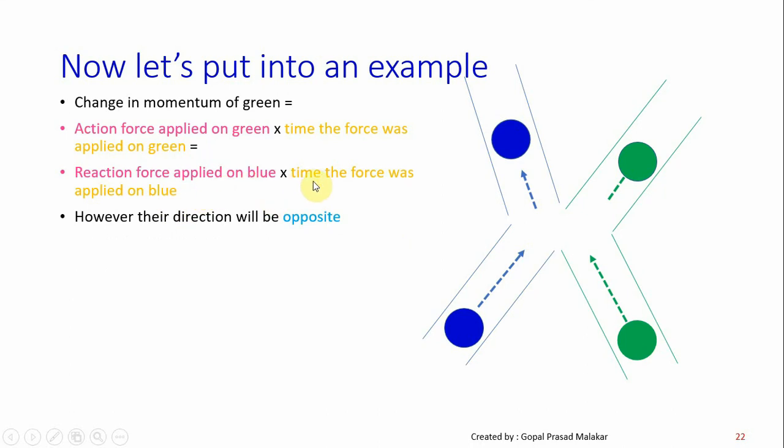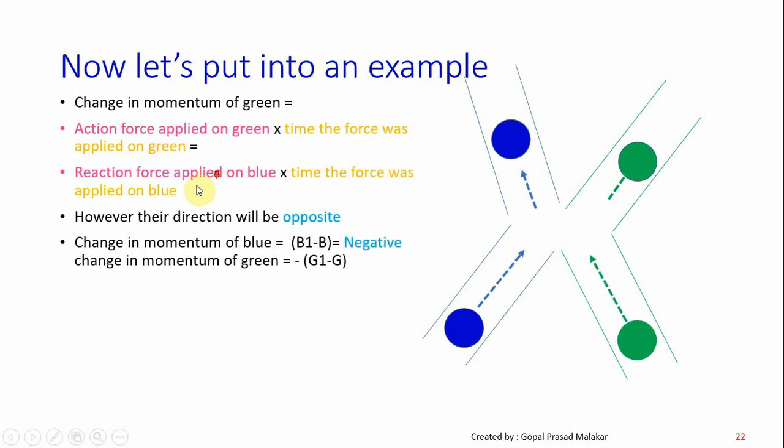Because force into time gives you the change in momentum of green, applying the reaction force on blue and the time the force was applied on blue gives you the change in momentum of the blue. But the change in momentum of blue will be the negative of the change in momentum of green, because this force was applied in this direction on green, and on blue it was applied in this direction.